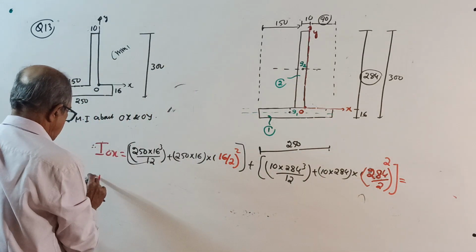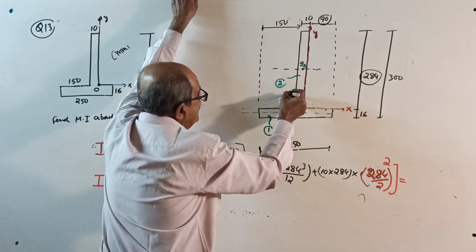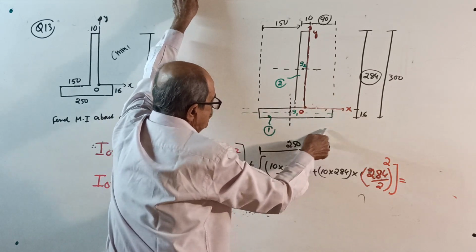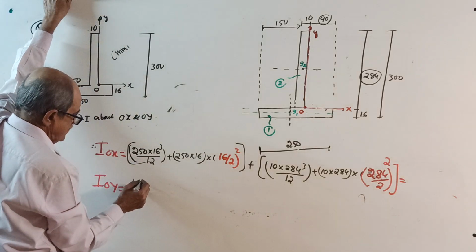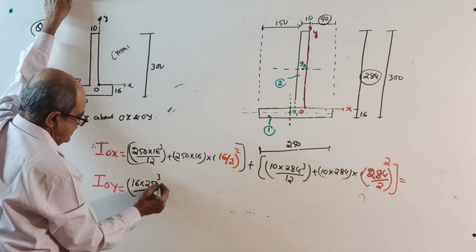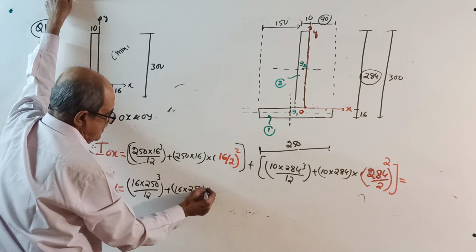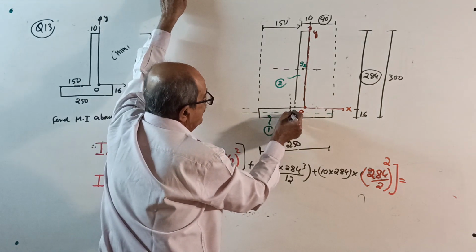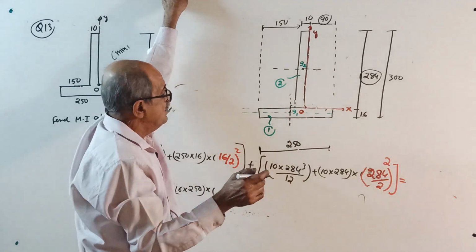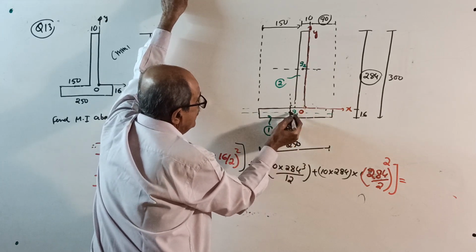Then I about OY. Start. First, I about its own centroidal axis, this axis: 16 into 250 cube by 12, IG, plus area. 16 into 250 is the area, into the distance from the centroid to this axis. This distance square, you should be careful. See here, this centroid from here is 250 by 2.